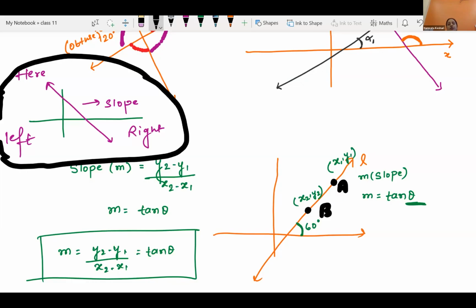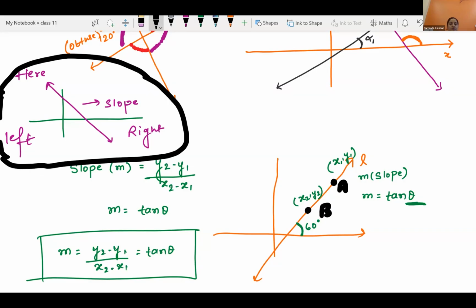Last class we were checking with the coordinates also, and it was coming negative. When you are moving from the left side towards the right side and your line is going up and up, that means your slope will be positive. Is it making sense to all of you? Yes, miss.